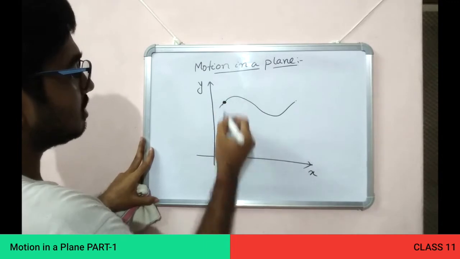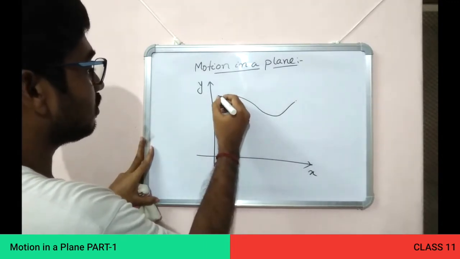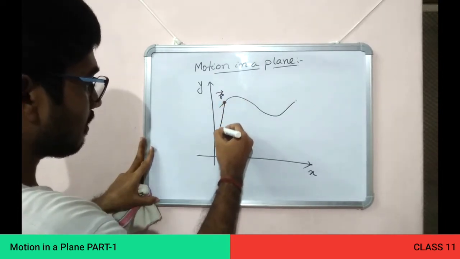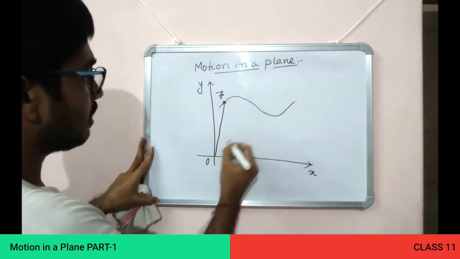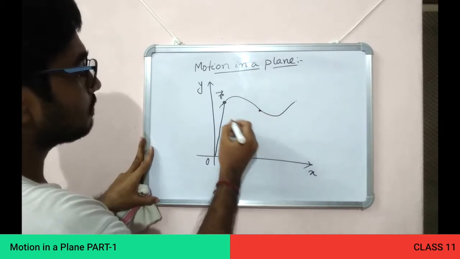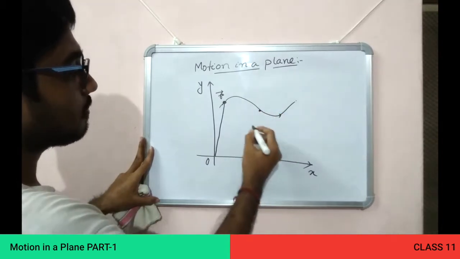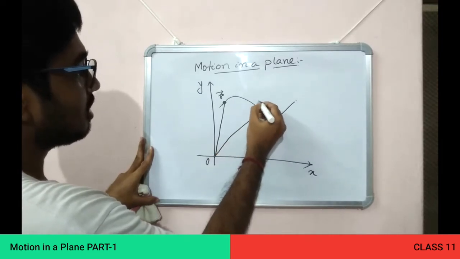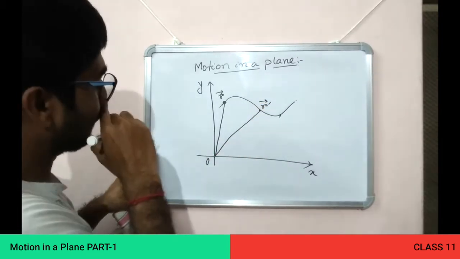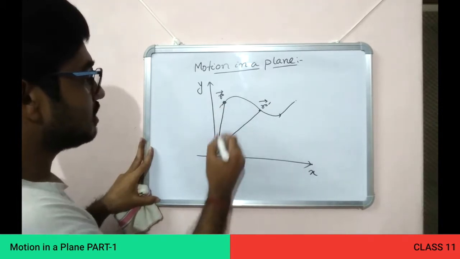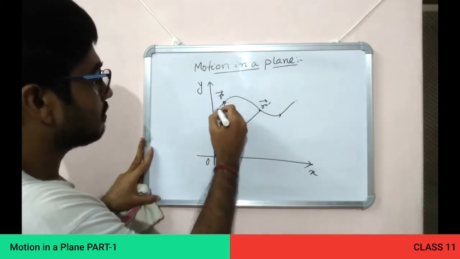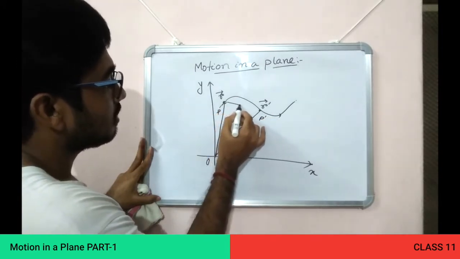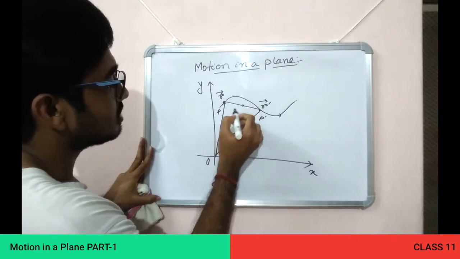At this position, the position vector is denoted by r from O, and at this position, it's traveling in this way. At this position, its position vector is written as r prime, and this point is P, and this is P prime. So the displacement is this.